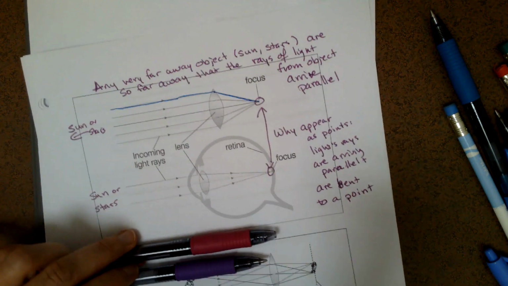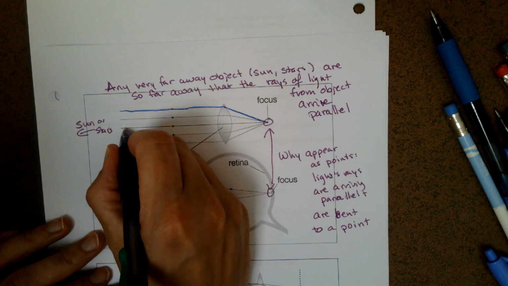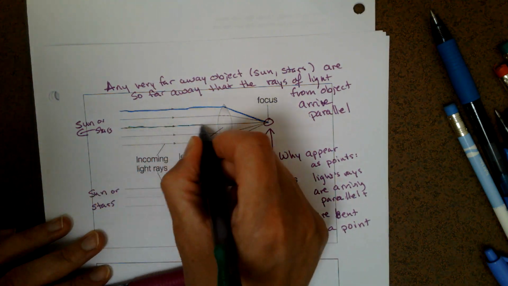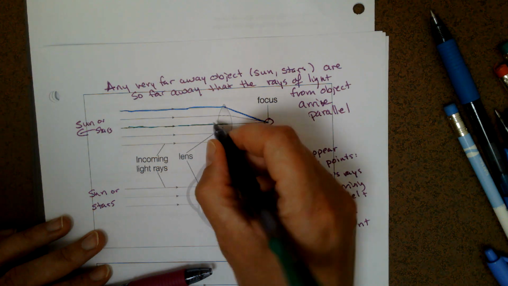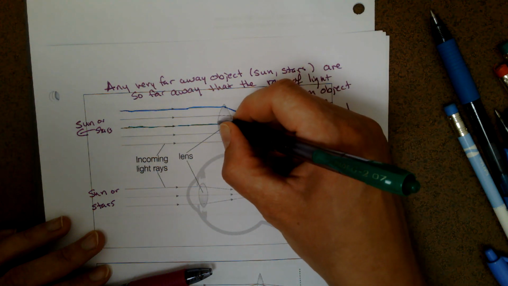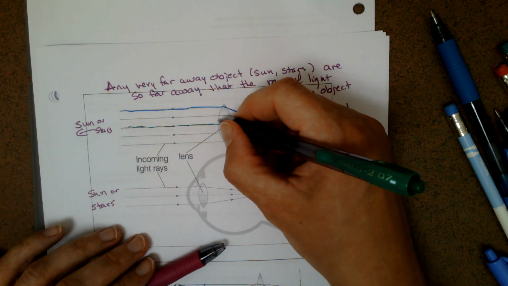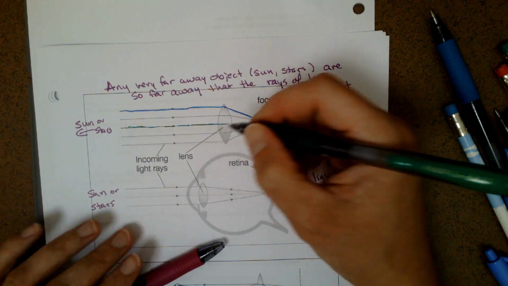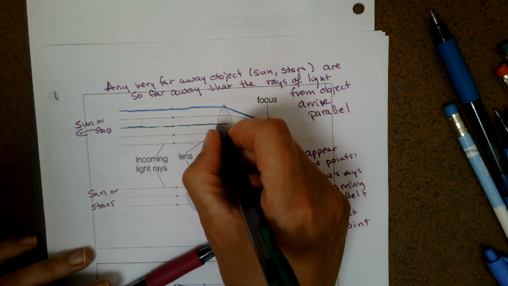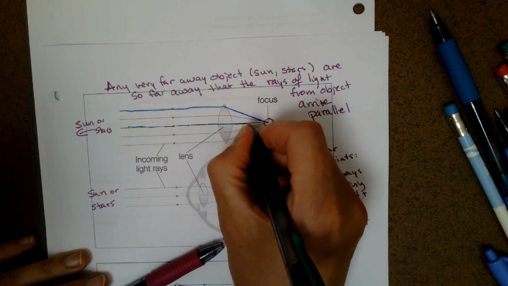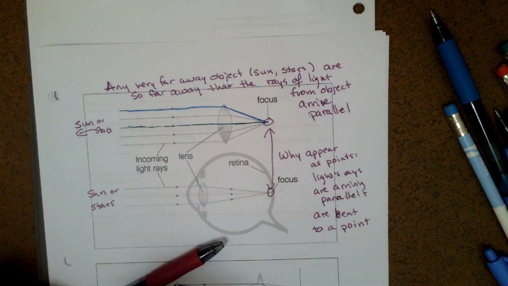And I'll do it this way. The middle one will be green. This one passes, because it's not hitting at an angle, at the perfect part of the curve in the center of that convex lens, so it passes straight through.